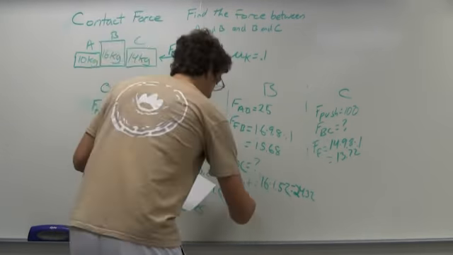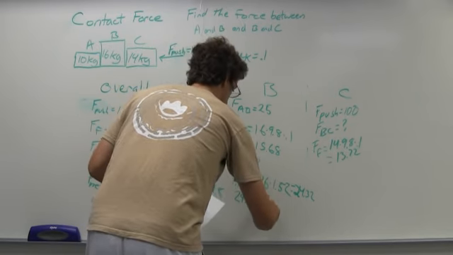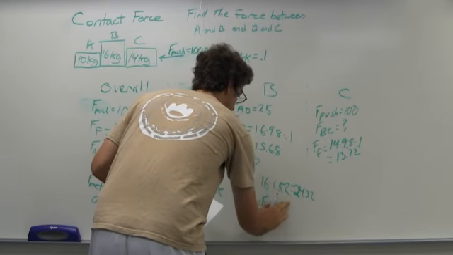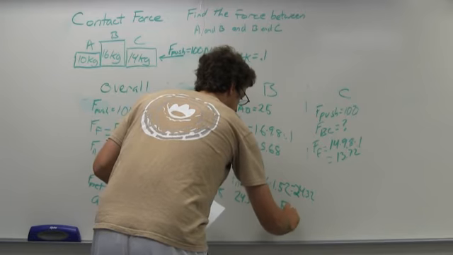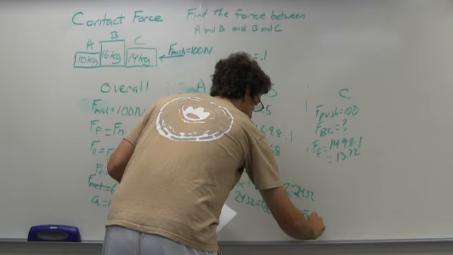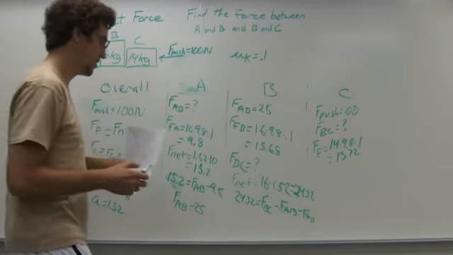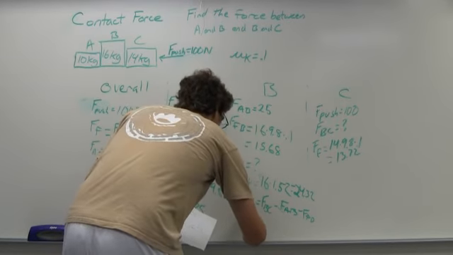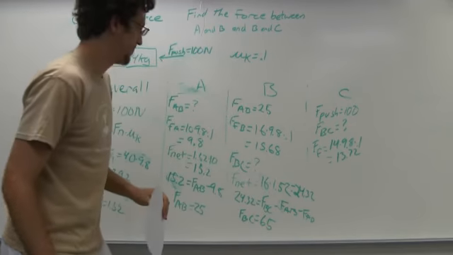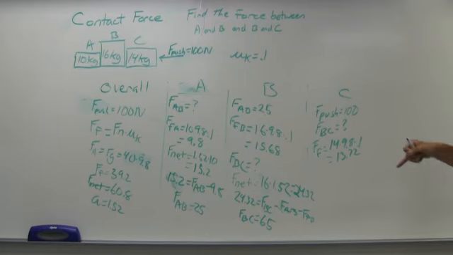We set that up, 24.32 equals FBC minus FAB minus force of friction on B. It is both minus because the FAB is pushing backwards. This is going to come out to be FBC is equal to 65. Finally, we got this gap.